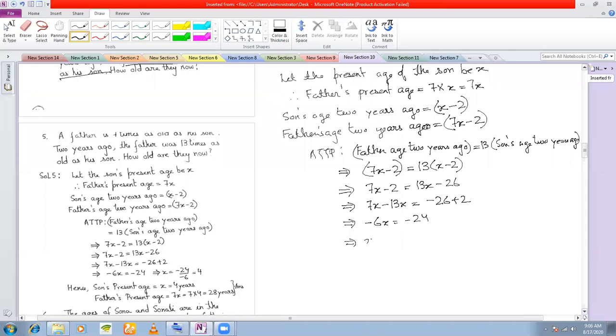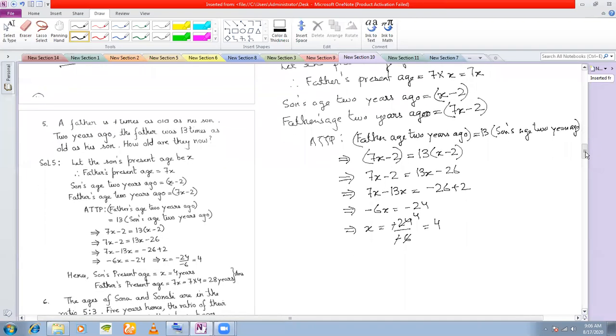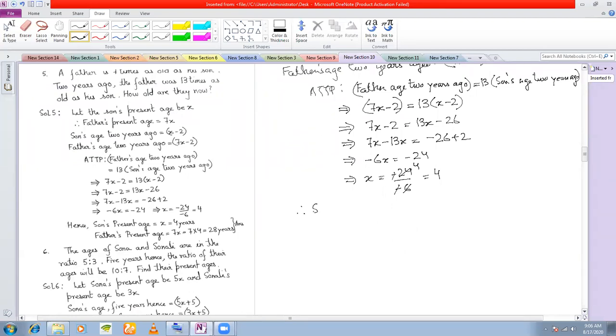That means x is equal to minus 24 by minus 6, which is 4. So what is the son's present age? 4 years. Therefore, the son's present age is x, which is nothing but 4 years. And what is the father's present age?